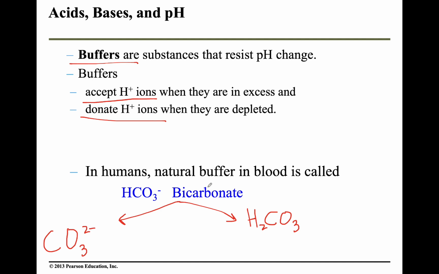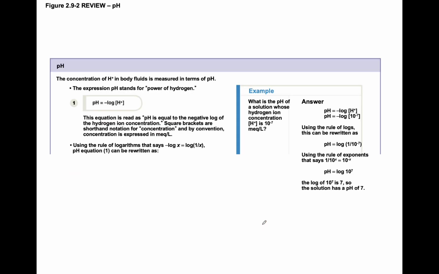So you see, bicarbonate can take both pathways to help regulate the pH in whatever kind of set point it needs to. Now here is your equation and your example problem. What is the pH of a solution whose hydrogen concentration is 10 to the -7?